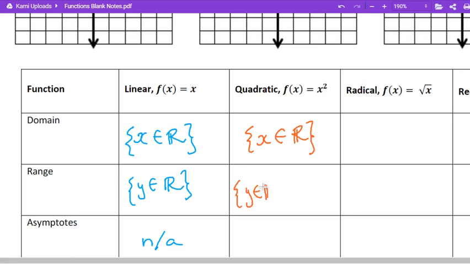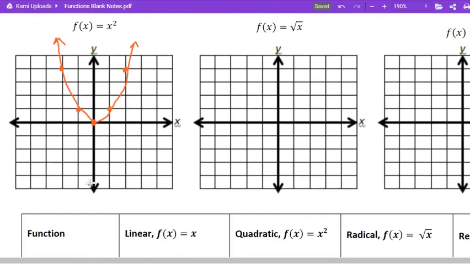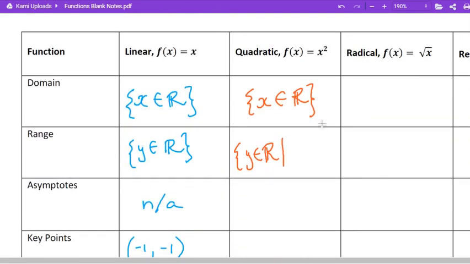So y belongs to all of the real numbers with the restriction of what? Where does y not belong? Yeah, so what do we write? Y is greater than and equal to 0. Nice.